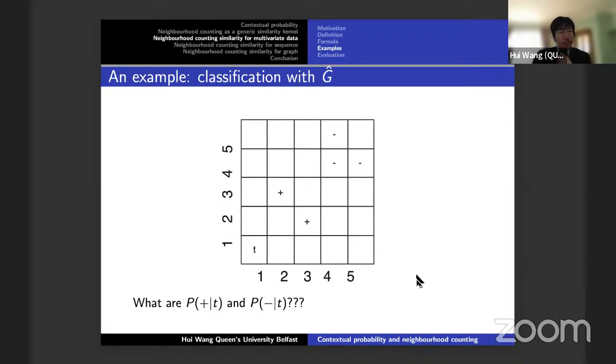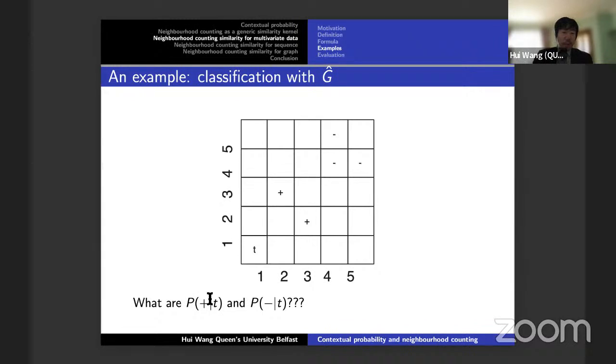But what if we want to estimate the probability in the same data space? Well, this can be done by simply calculating the C similarity between T and every one of the data samples, every one of these which are given, and then we add them up.